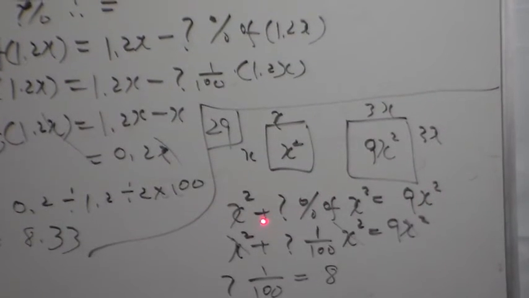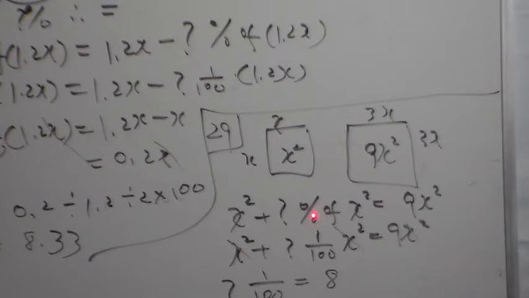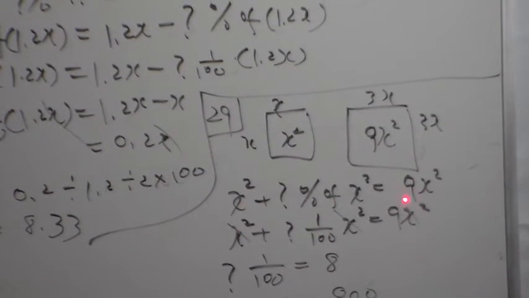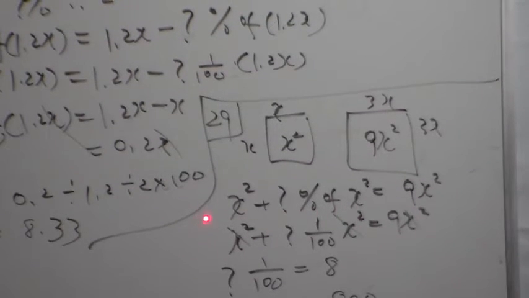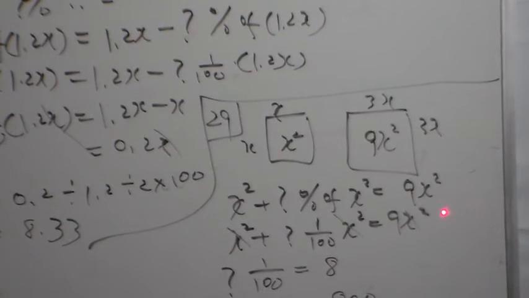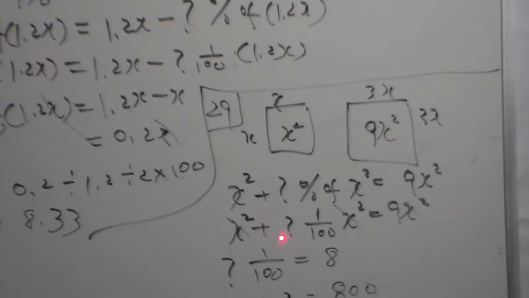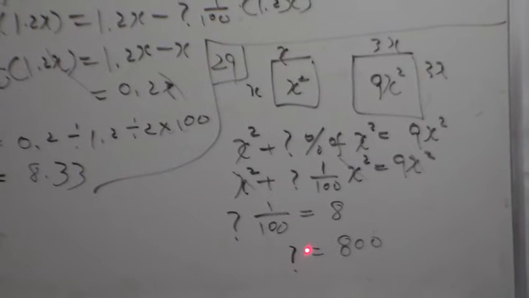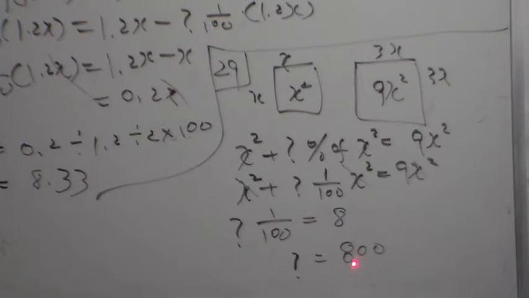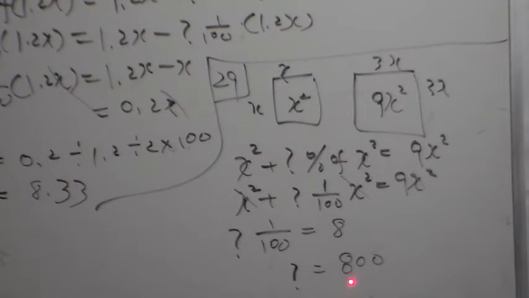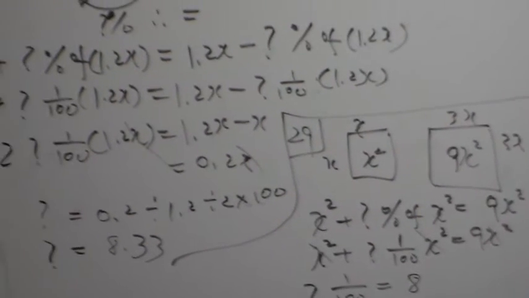I change this percent to 1 over 100. Everything remains the same. Then I cancel out x squared on each side and move this part over there. Then the question over 100 is 8, so the question is 800. So 800% increase. Increased by 800%. That's what it is.